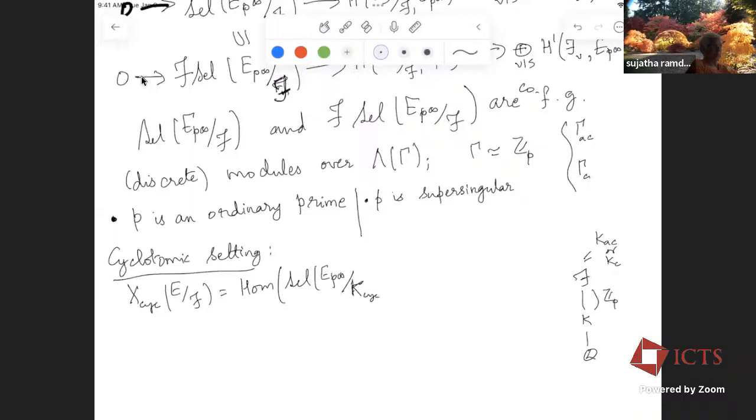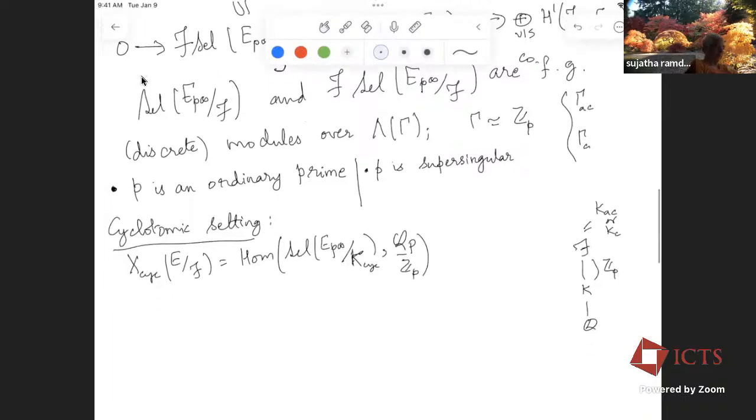So F can be, remember, either K cyclotomic or anticyclotomic, with Q_P mod Z_P. And similarly, I'll write Y cyclotomic E over K anticyclotomic. This is going to be the dual of the discrete Selmer group, P^∞.